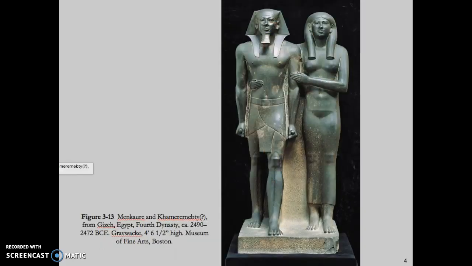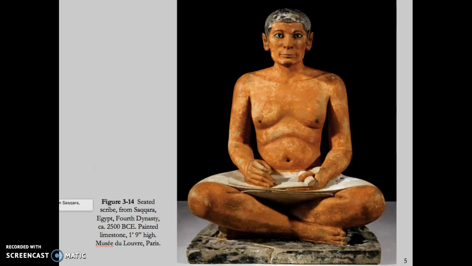This is ancient Egyptian royal figure sculpture, and this is ancient Egyptian non-royal, right? Regular or more regular kind of folks. And in writing a report, you don't want to write about both of these.